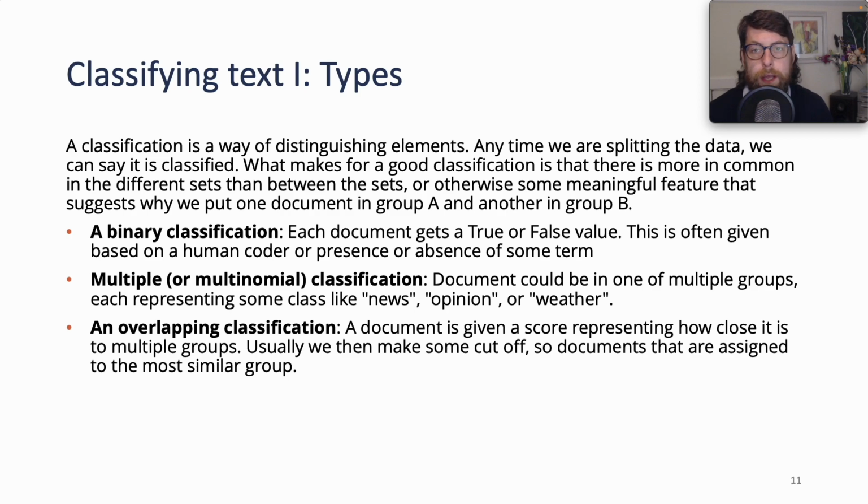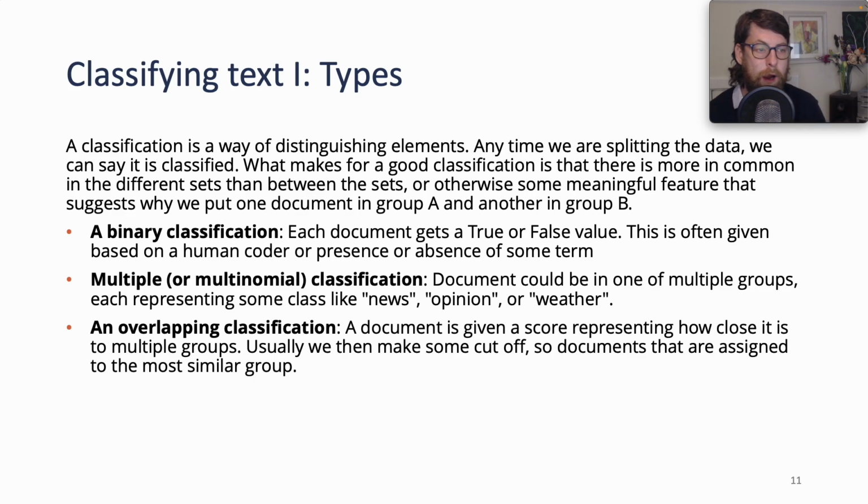We can have classifications that are mutually exclusive, or we can have classifications that are overlapping. If it's overlapping, we might give a document a score on how much it satisfies or correlates with one group, and how much it scores with another one.